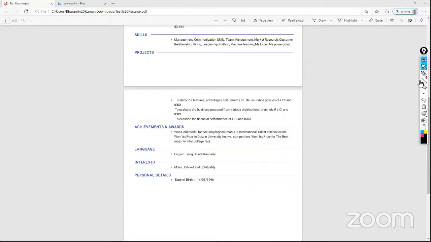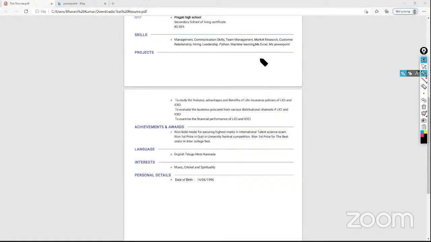Okay, next. The good part is bullet points should not end with a full stop, and that's taken care of here. When it comes to projects, this is, I believe, one project. This is, I believe, one project. This is, I believe, another project. But then bullet points are missing, no consistency.